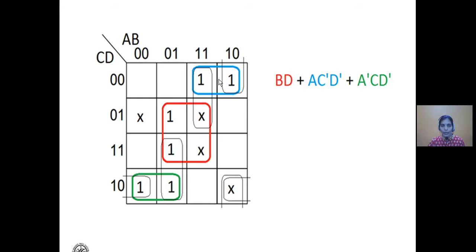Now these are essentially 3 groups which are required to cover all the ones and in the biggest possible way. However, if a user who is not very familiar with this particular technique, he might combine the ones in a different way as shown in the gray groups. And these are the terms which are essentially not the biggest groups, or these may not be required because the ones which are covered in these groups are already covered in some other group.